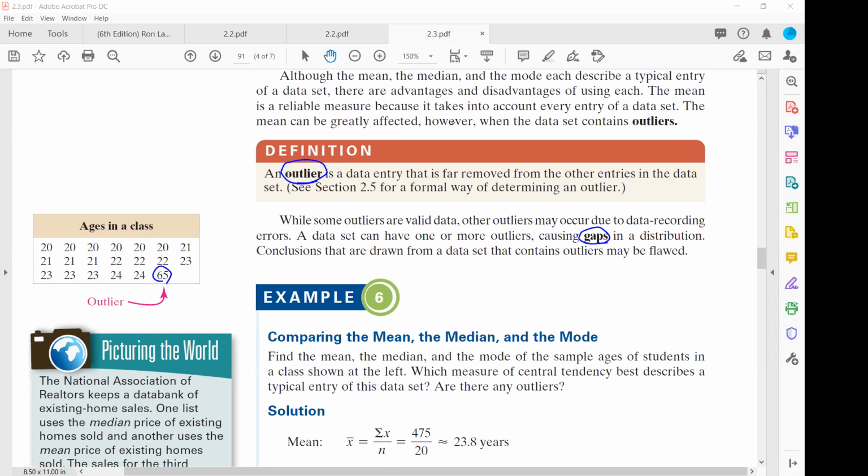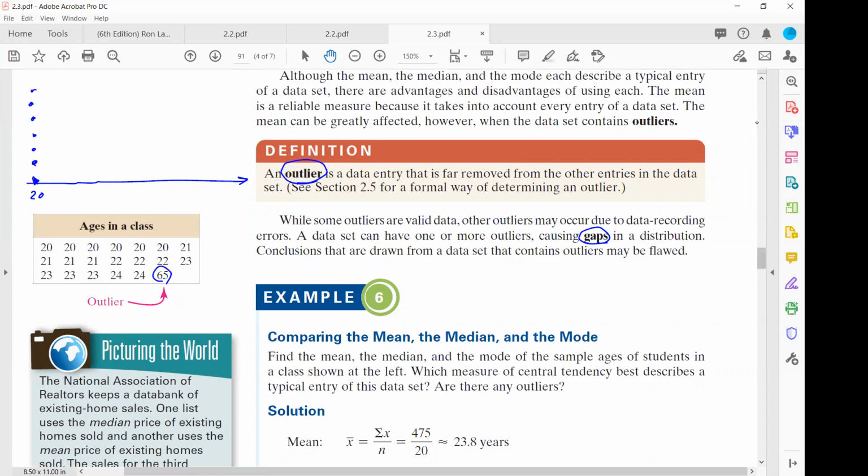Here you can use a horizontal line, 20, 21. 20 is repeated how many times? 1, 2, 3, 4, 5, 6. So this is for 20.